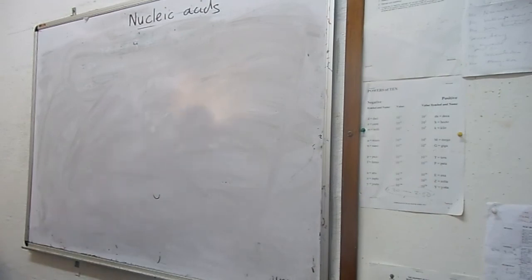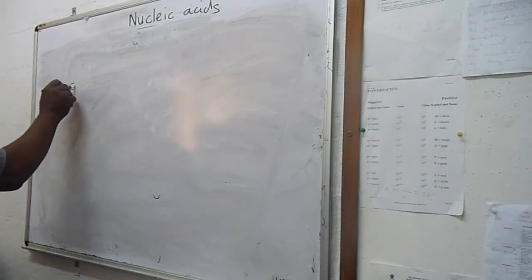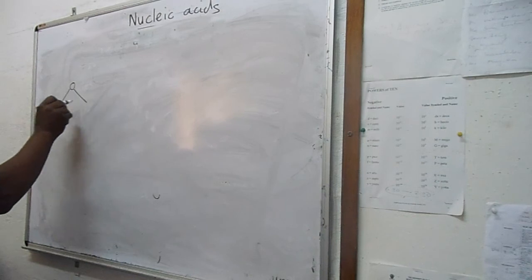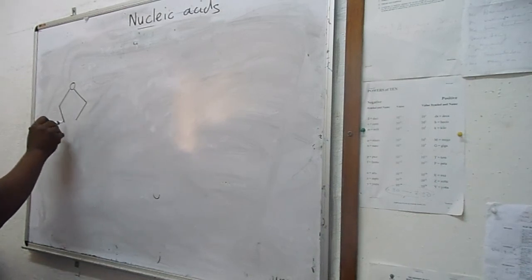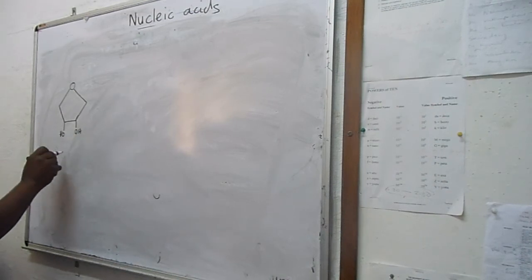So now the purines and the pyrimidines can react with our pentoses. Remember we said the pentose that we find in the nucleic acid, there are two types. Which type do you remember? I know you're going to say ribose.